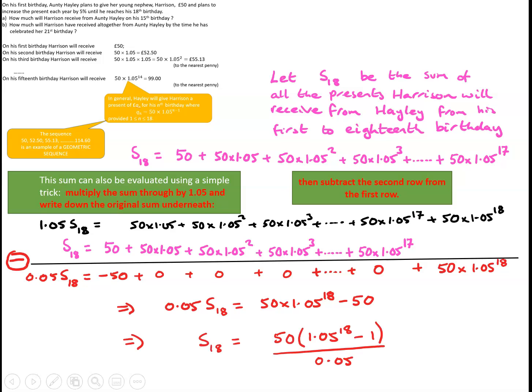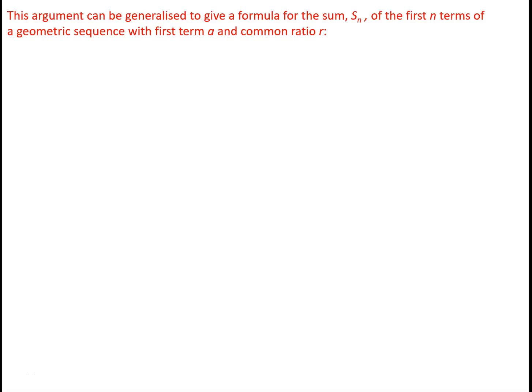In other words, we've got S18 is 50 times 1.05 to the power 18, take away 1, divided by 0.05, which gives me £1,406.62.